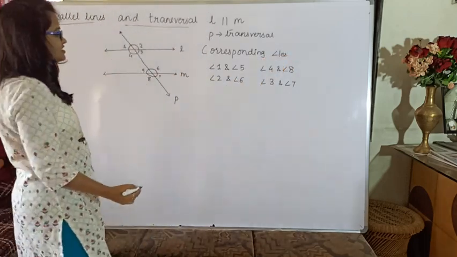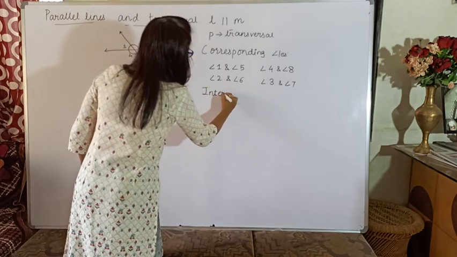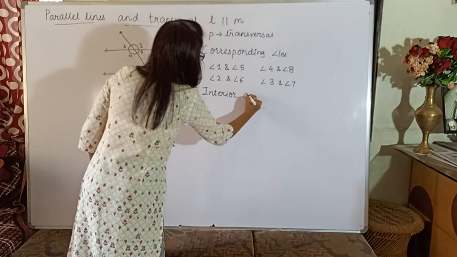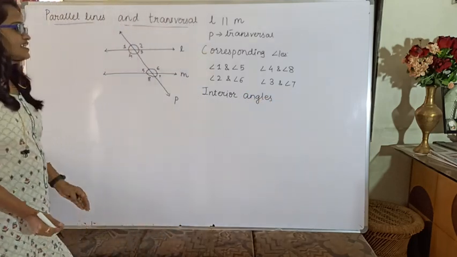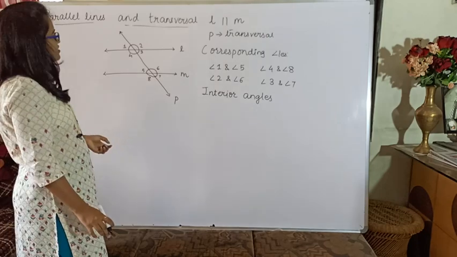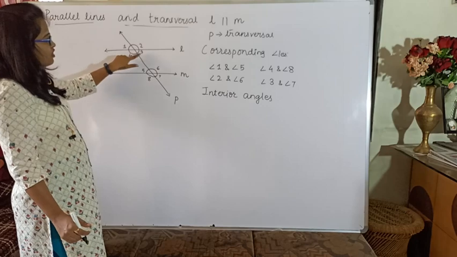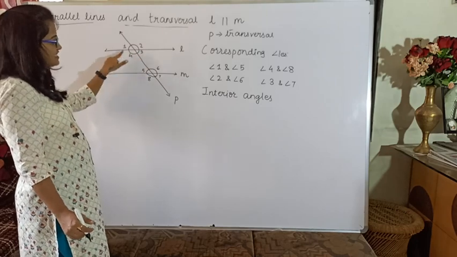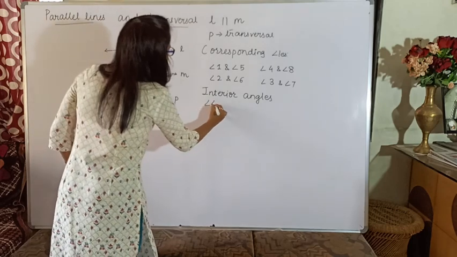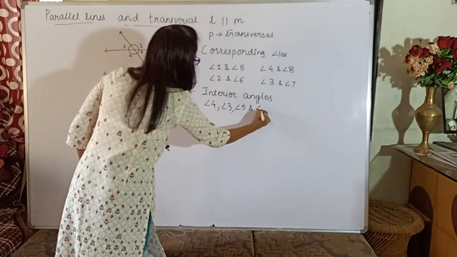Now what are the next set of angles? They are the interior angles. So what are the interior angles? Interior means on the inside. So which are the angles present on the inside? Angle 4, angle 3, angle 6, and angle 5. So the four angles present on the inside are 4, 3, 5, and 6.